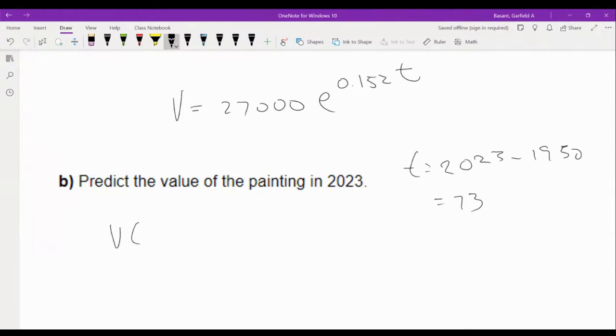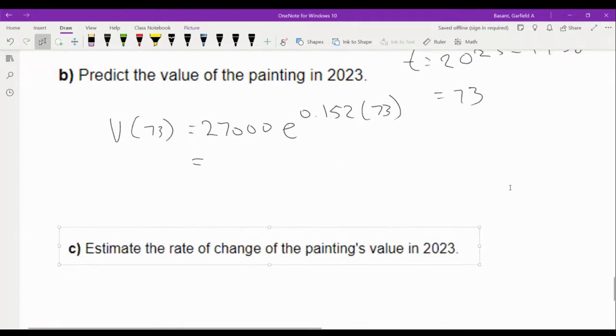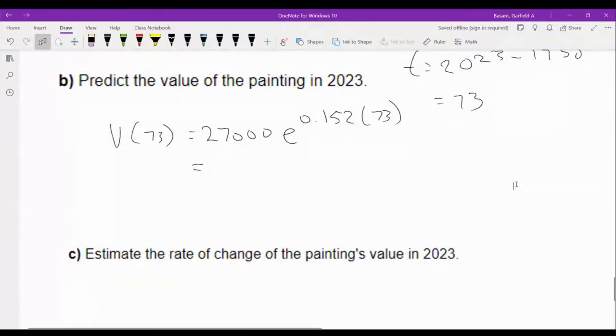So now our value after 73 years will be 27,000 e to the 0.152 times 73. All right.